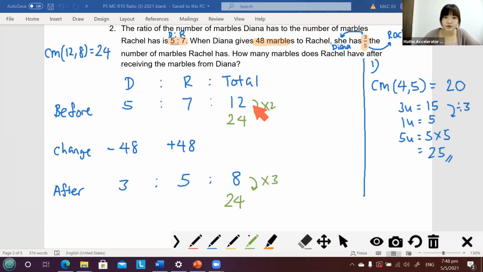This is ratio, you times 2, cannot times 2 to one of it only. You times 2 throughout. So 7 times 2 is your 14. 5 times 2 is your 10. And then in the after ratio, do the same thing. 5 times 3, 15. 3 times 3, 9.